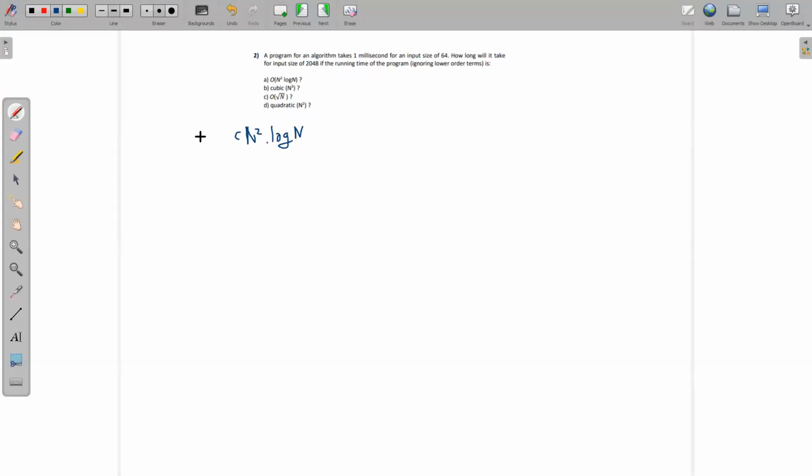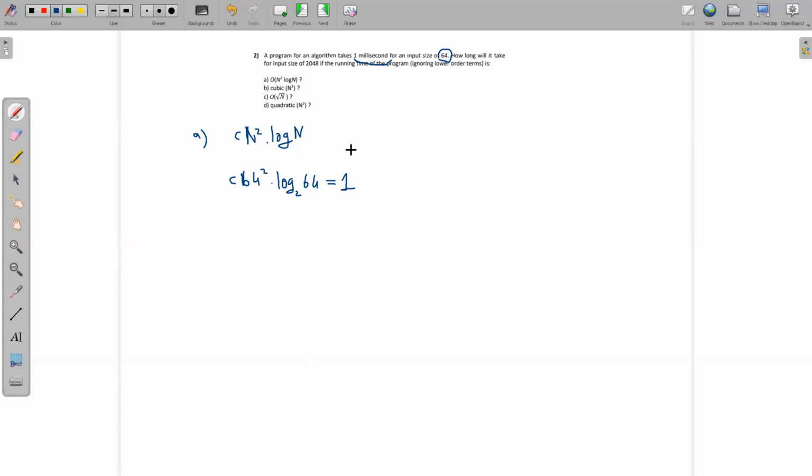For example, it's the A part. When the input size n is 64, it is C times 64 squared times log 64, which is 6. And it will take just 1 millisecond.